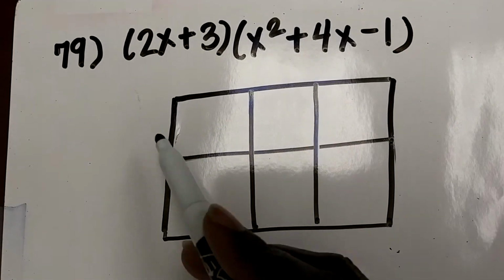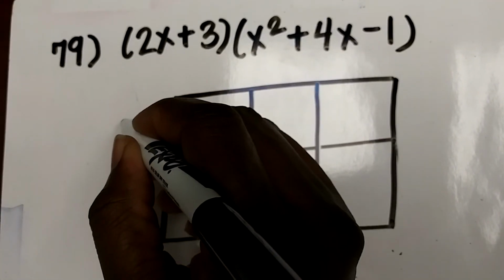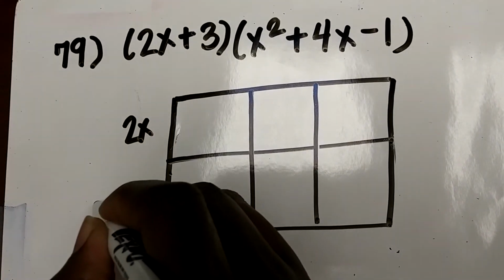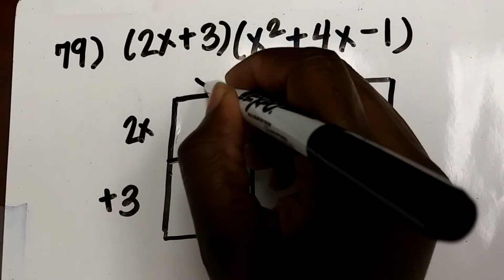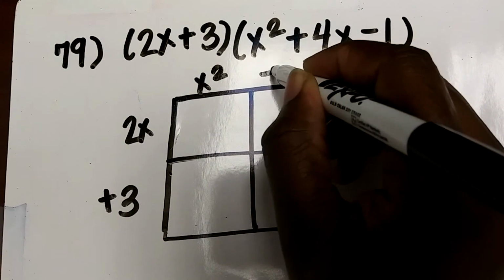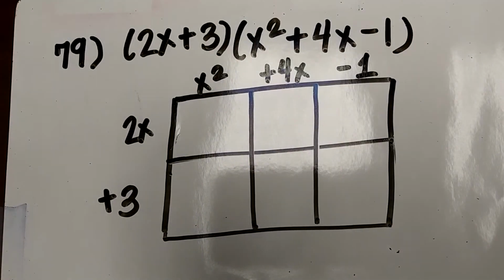So I want to do a 2 row, 3 column, a 2 by 3. In my 2, I'm going to say 2x plus 3. That's the given problem. And then I'm going to say x squared plus 4x minus 1. You can use distributive property still.